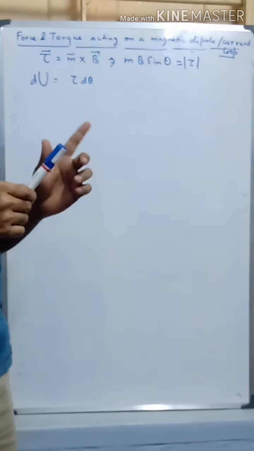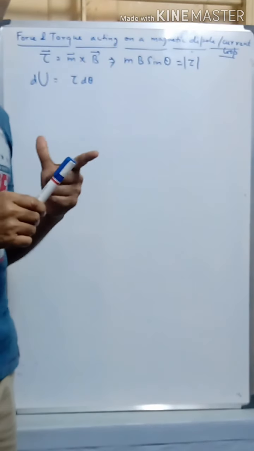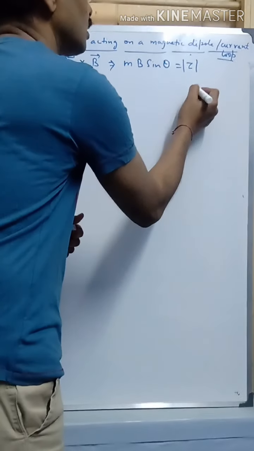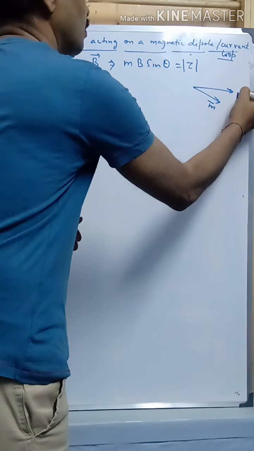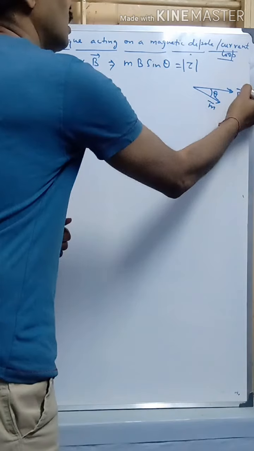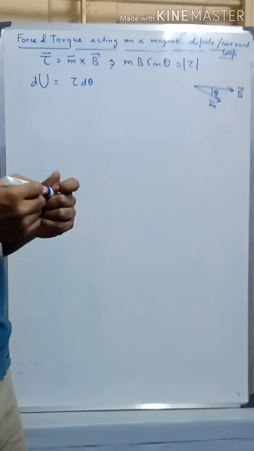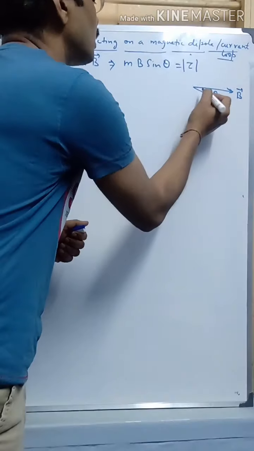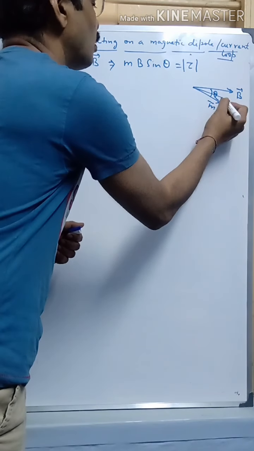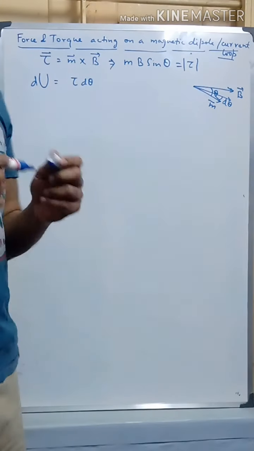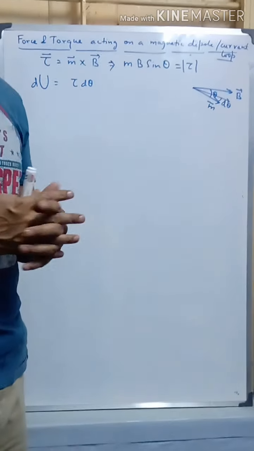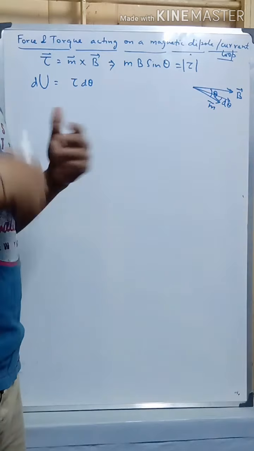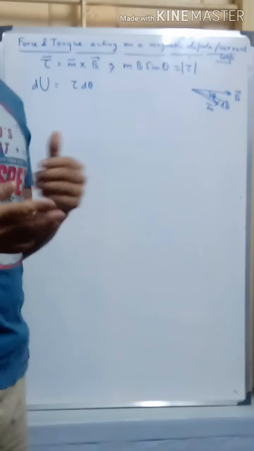Whenever you have a magnetic dipole M oriented along a particular direction, and the magnetic field makes an angle theta with it, then rotating it by an amount d theta requires work, which would be stored as potential energy within the dipole.